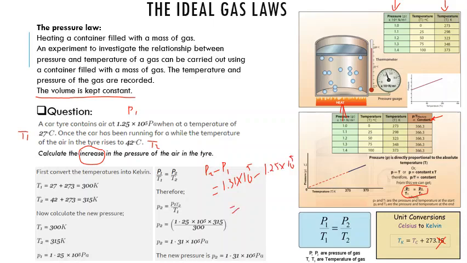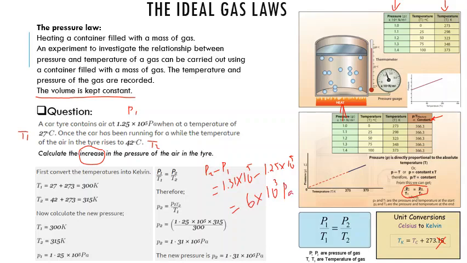If you do this subtraction, 10 to the power of 5 is a common factor. So you just have to subtract 1.31 minus 1.25. The answer will be 6 times 10 to the power of 3 Pascal.